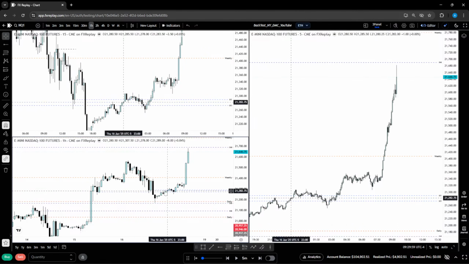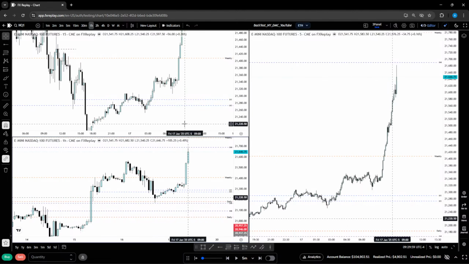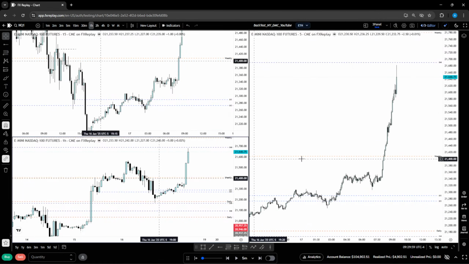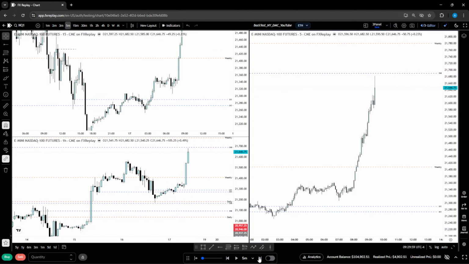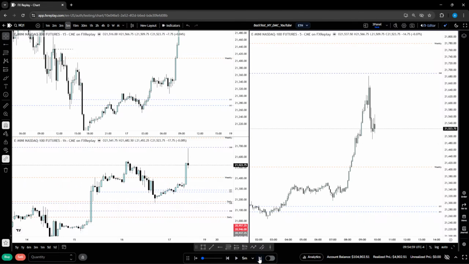These two levels, and then it just launched probably 8 o'clock right there. There was news or something. So again, there is very little to be done.